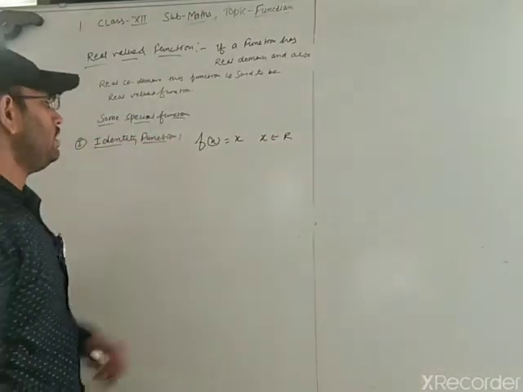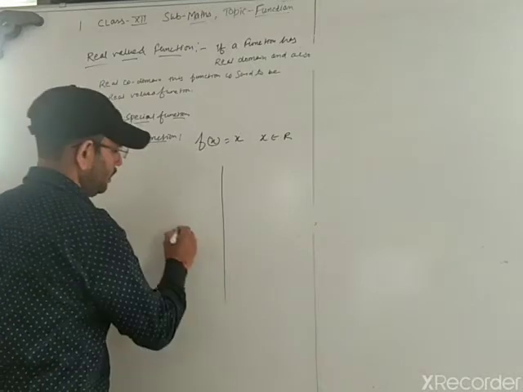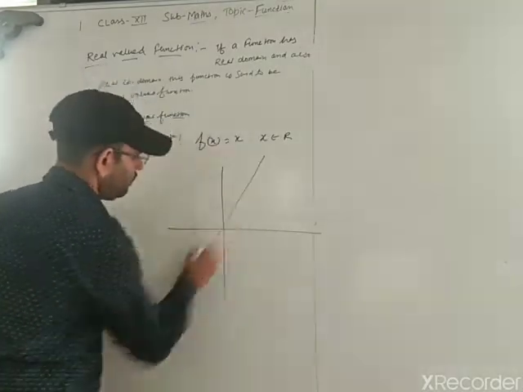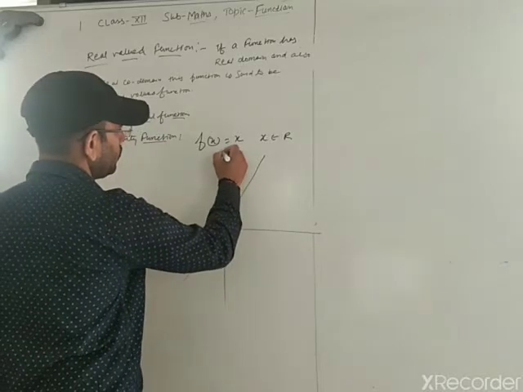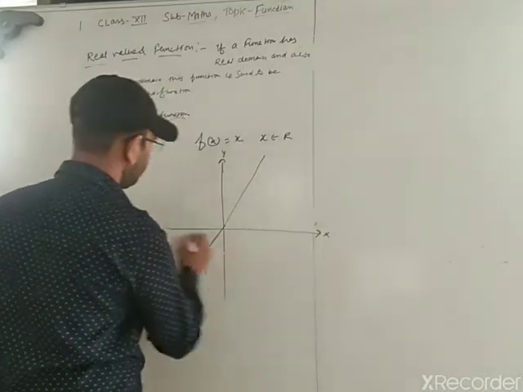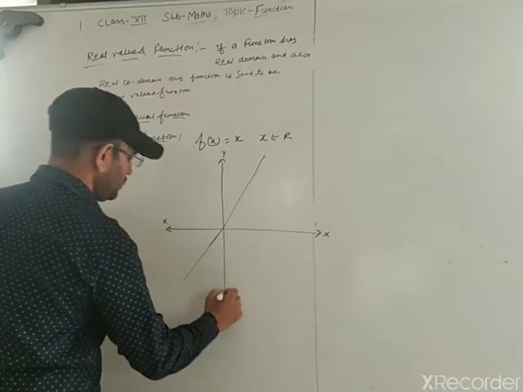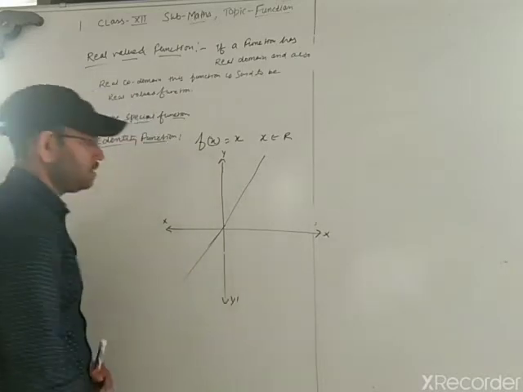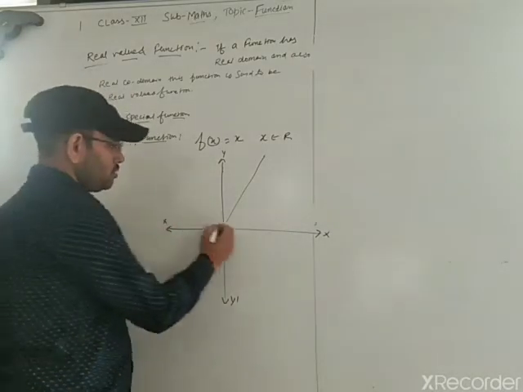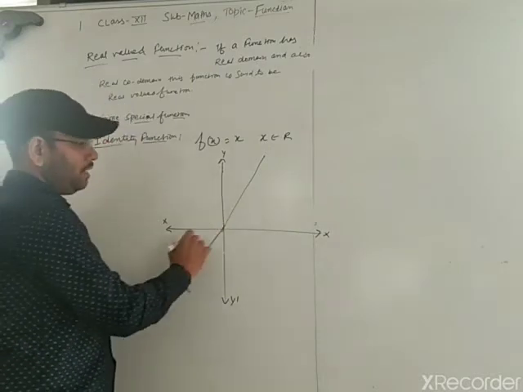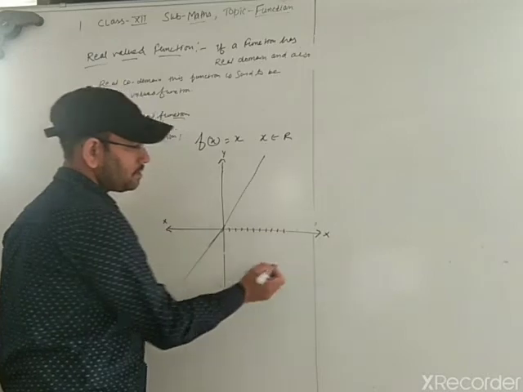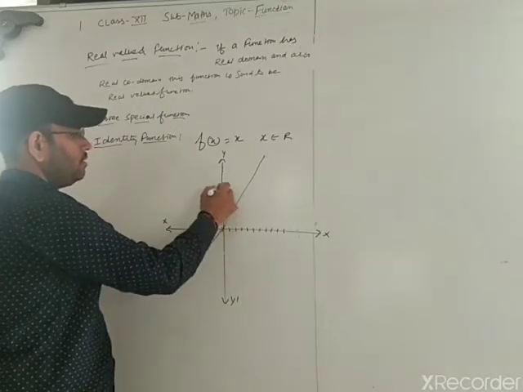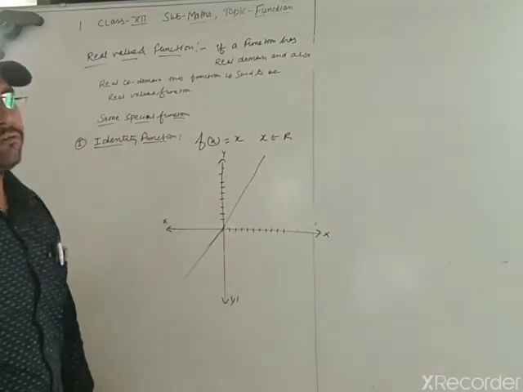Here we can understand the identity function by a graph in which it passes through the origin, with axes y, x, x dash, y dash. Clear? So for every real value x, we have a real value in y.